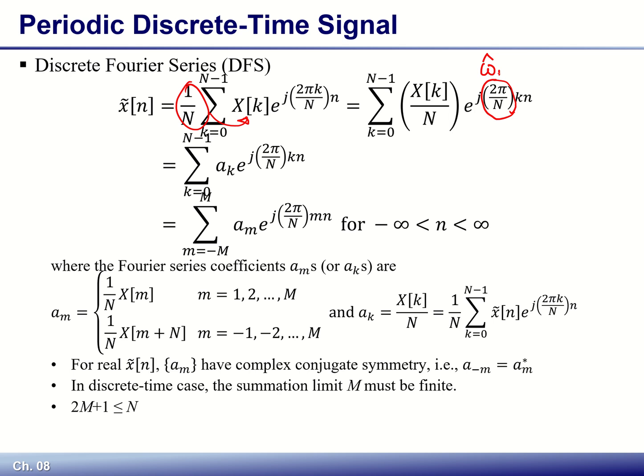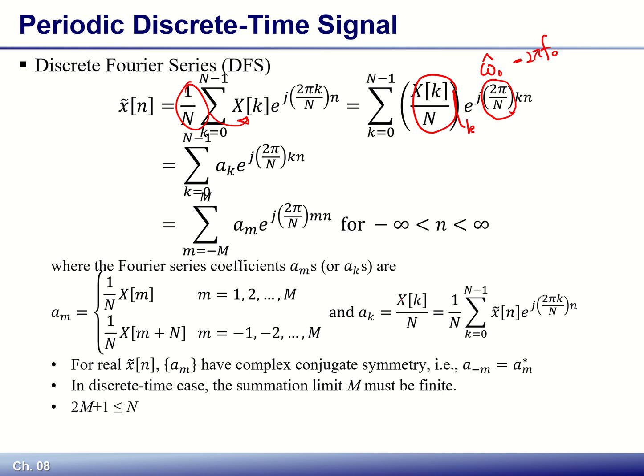Now let's denote it like this, and 2 pi f0. Here we denote this as a_k. Then a_k is X[k] over N.